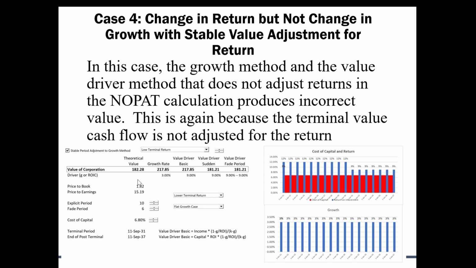And when we do our Gordon's method and these two methods, we get a crazy result, because we're changing this return. This return changes after the terminal value period.